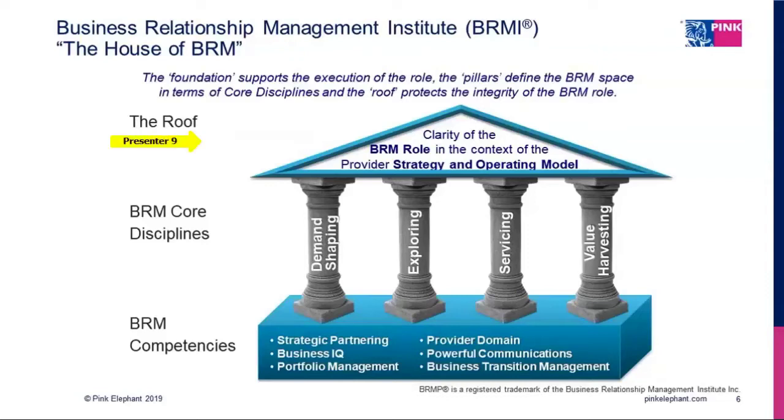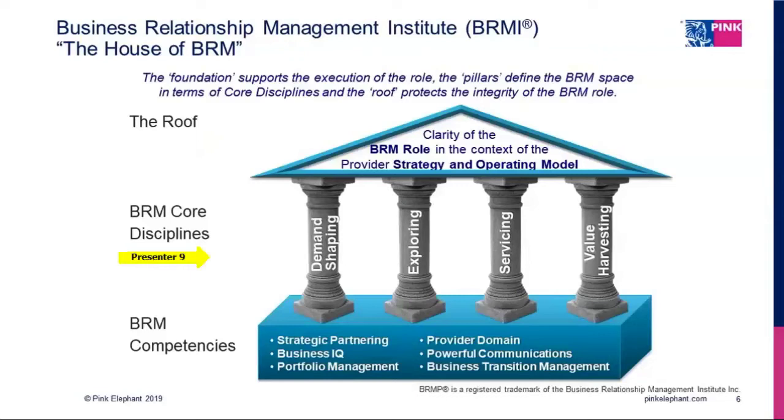So that's the first part that we need to adopt from our framework: a positioning statement, which is our strategy, to clarify the role and figure out how the company operates and how BRM will fit in that corporate operations. Then from the strategy level, we go down to what I would call a bit of a tactical level, and we talk about the BRM core disciplines.